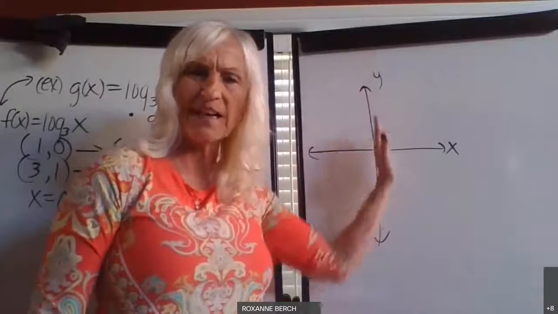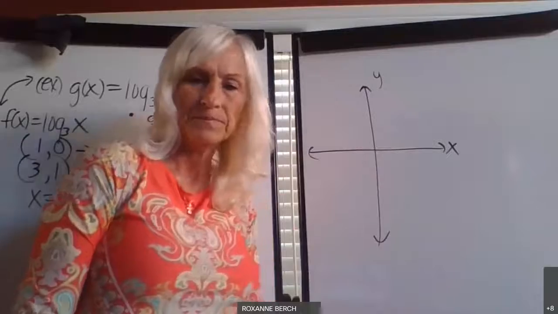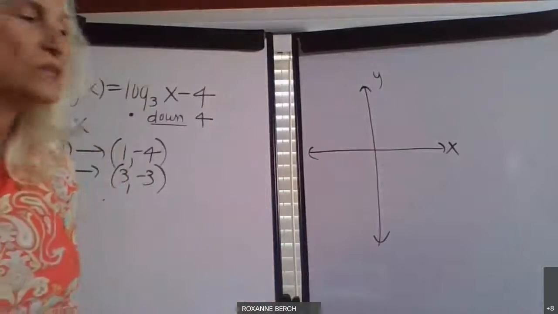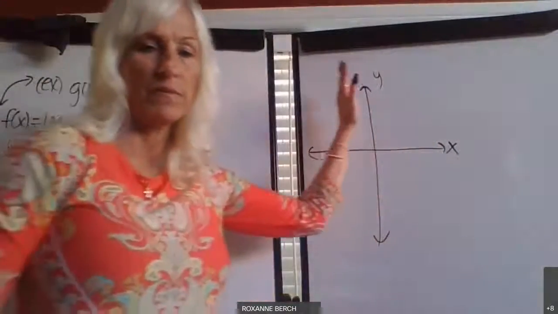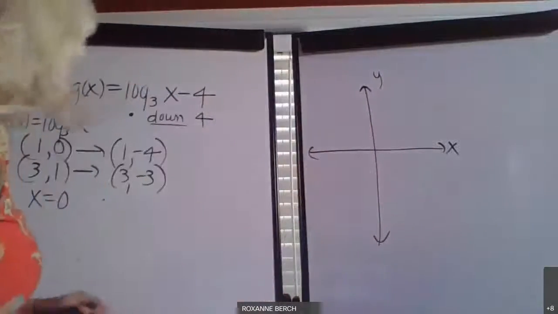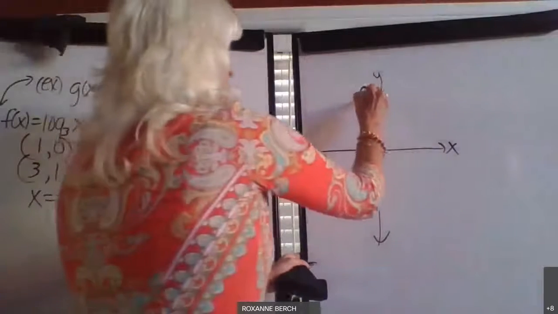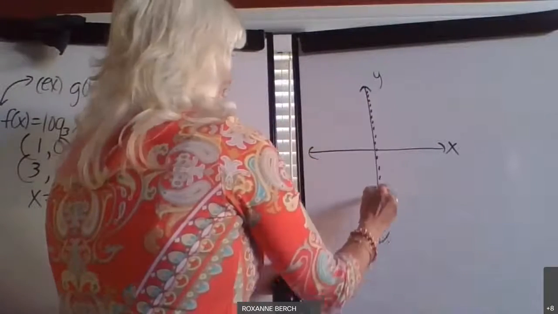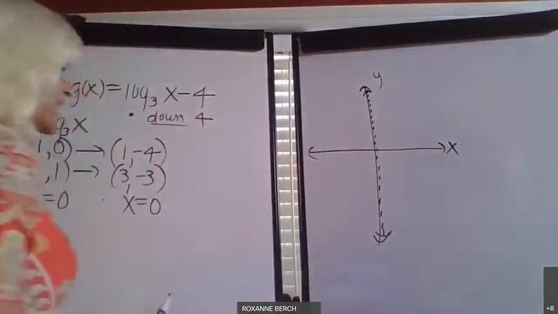Does K change a vertical asymptote? No. So who's going to move the vertical asymptote? H. So since H is 0 here, the asymptote stays the same. Nobody moved him. The only thing that's going to move a vertical asymptote is left or right, which is H.